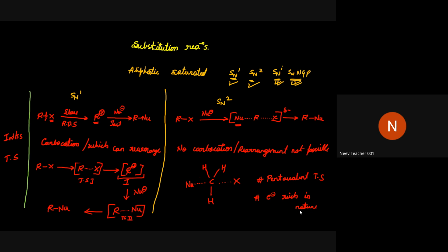Now we talked about a very basic reaction. You saw that when there was only one intermediate, there will be two transition states in case of SN1. Similarly, if there are two intermediates, there will be three transition states.